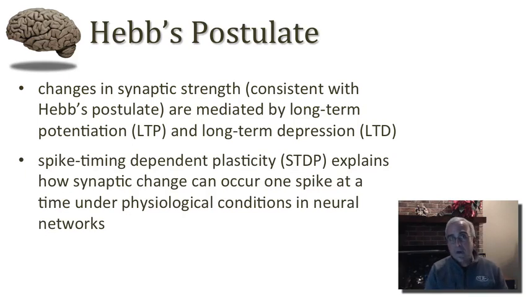Now, how does spike timing dependent plasticity fit in? Well, again, spike timing dependent plasticity explains how synaptic change can occur one postsynaptic spike at a time under normal physiological conditions that are found in real neural networks with ongoing activity.